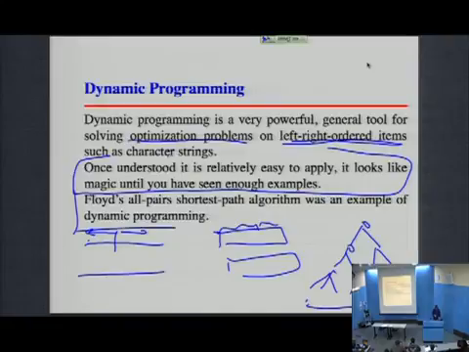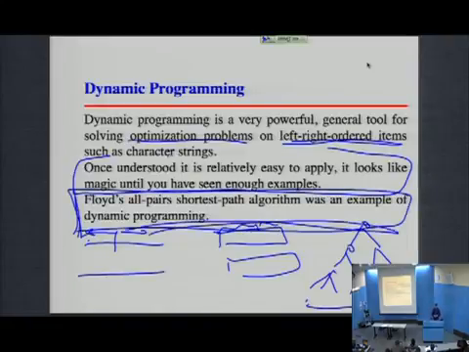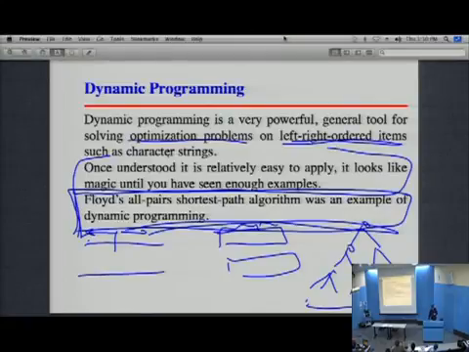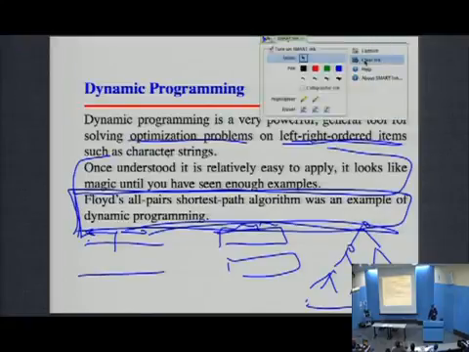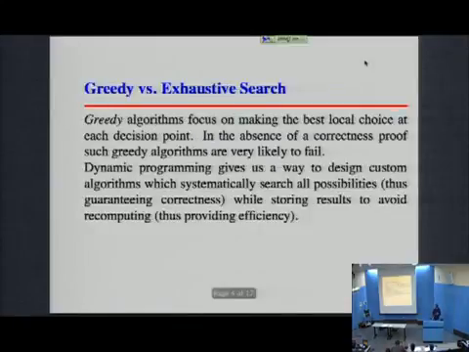And the one algorithm that you have seen so far that fell into that category was Floyd's algorithm, which for shortest paths had a recursive formula, and it built up examples from smaller examples. Any questions? But we're going to start today from a very, very simple problem on dynamic programming, so people really understand what the idea is. Any questions?